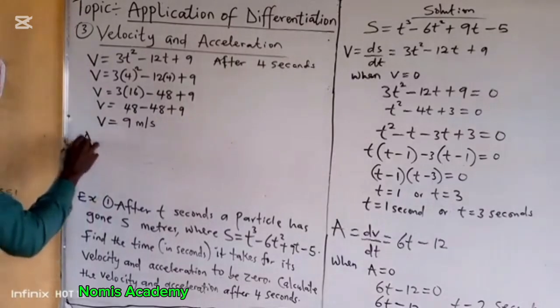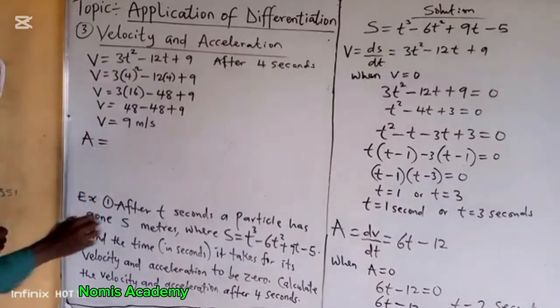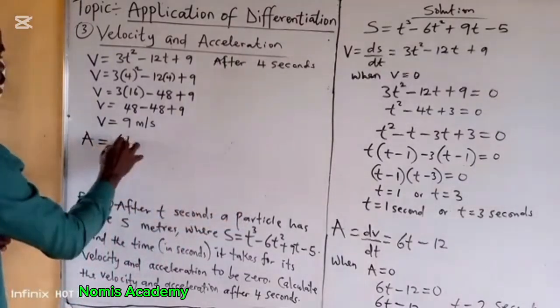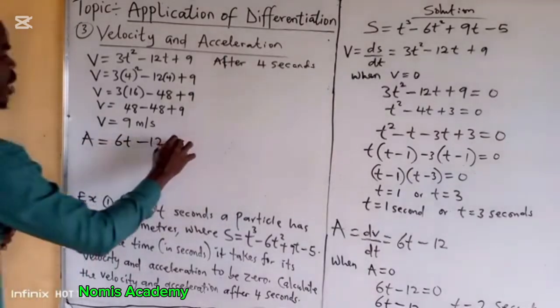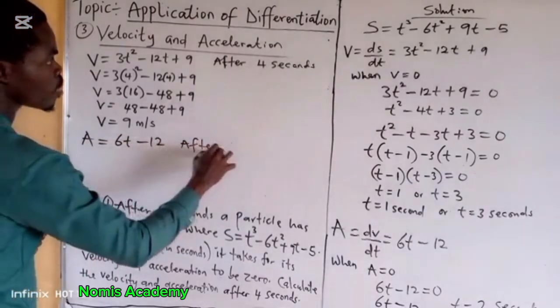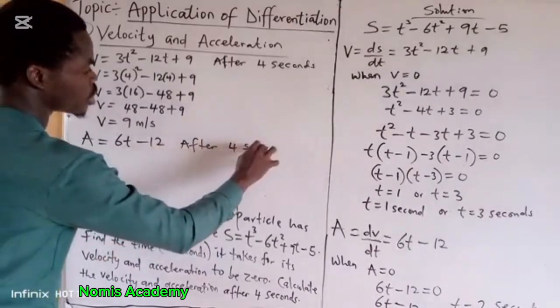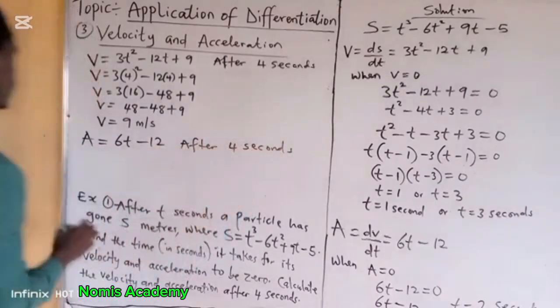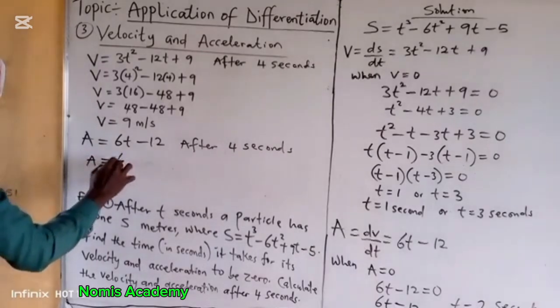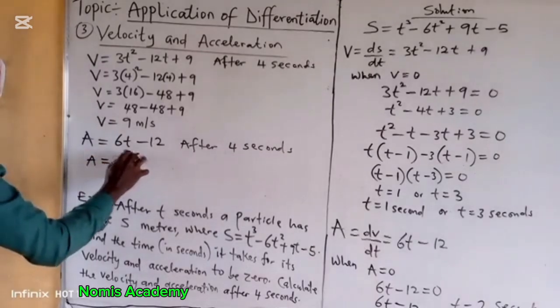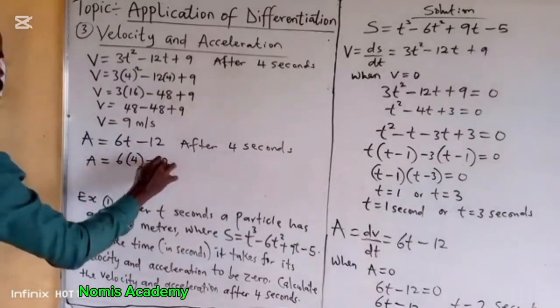Now for the acceleration, which is 6t minus 12, after 4 seconds. So that will be acceleration equal to 6 multiplied by 4 minus 12.